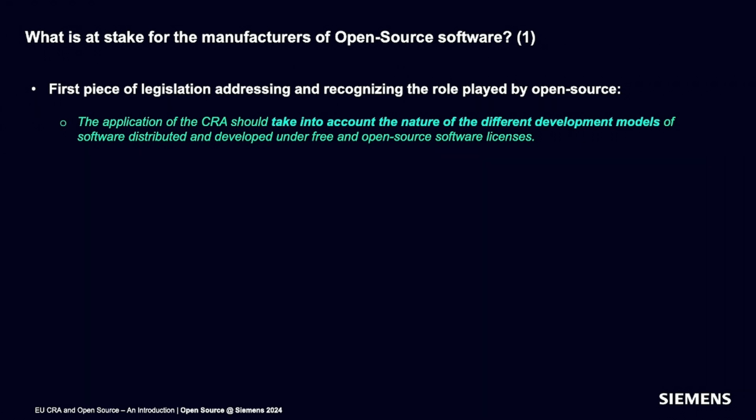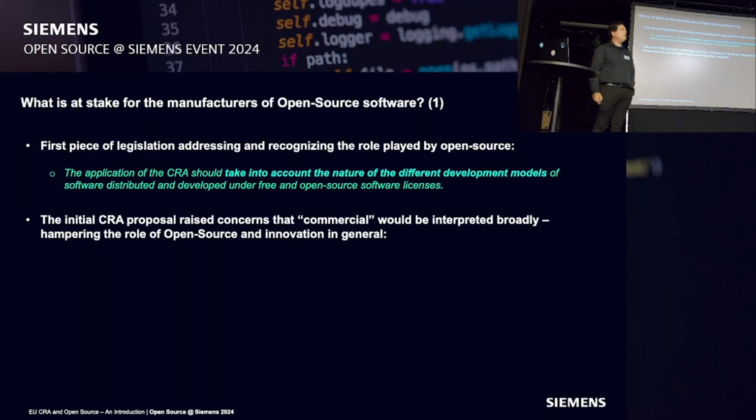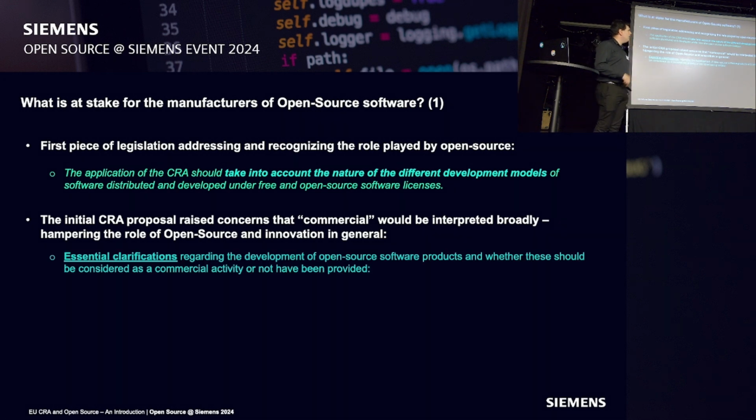So we said open source components are not in scope if they are not related to a commercial activity. What does a commercial activity mean? If you generate money out of it, it is clearly a commercial activity. But what about if someone gives a donation, or someone is sponsoring, financially or with hardware?